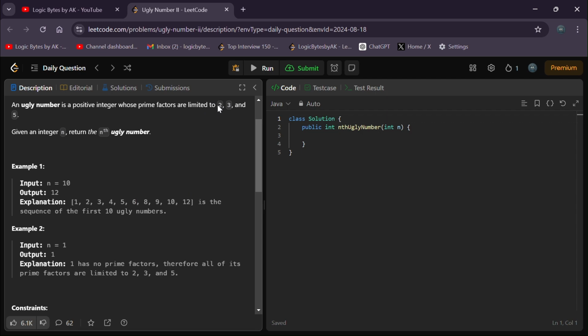There is no 7 in the multiples of 2, 3, 5. So we have to generate the multiples of 2, 3, 5 in increasing order, and return the nth number.